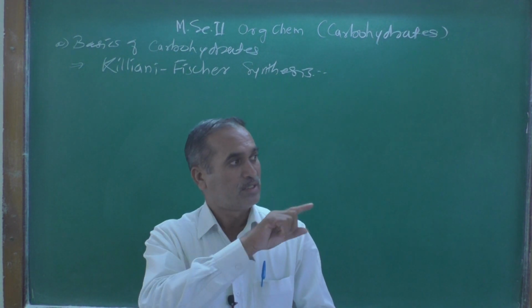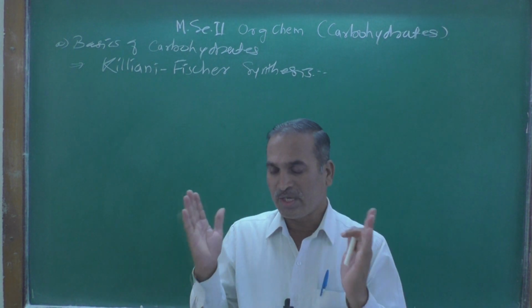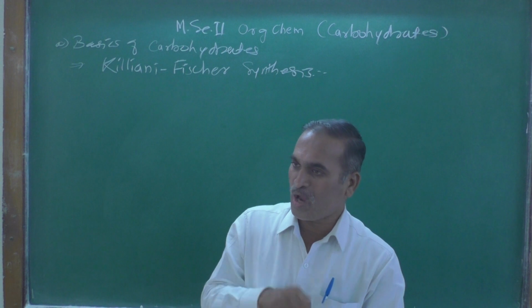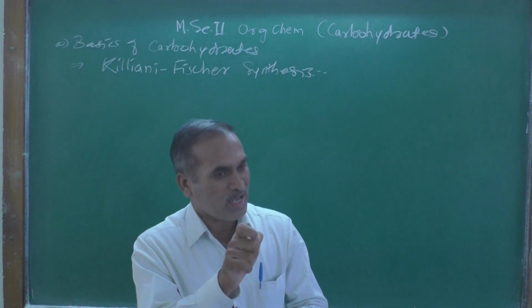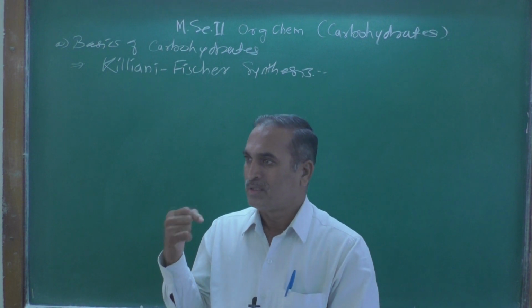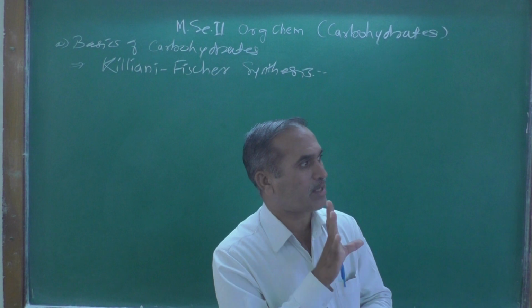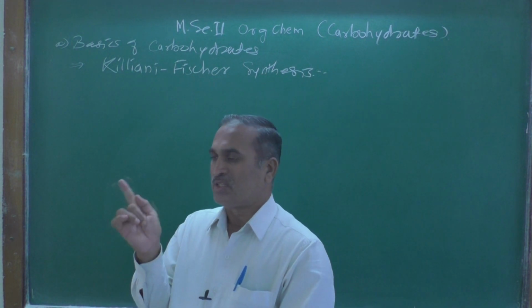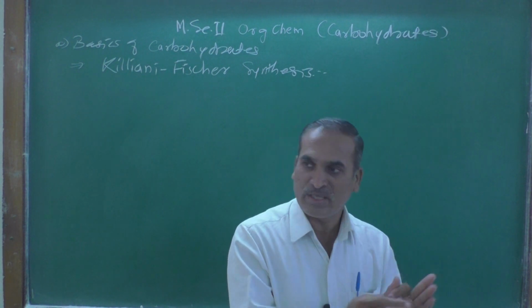If that acid is further heated, what is going to happen? After heating, the acid and the primary alcohol react together. There is an elimination of a water molecule and a product is formed.